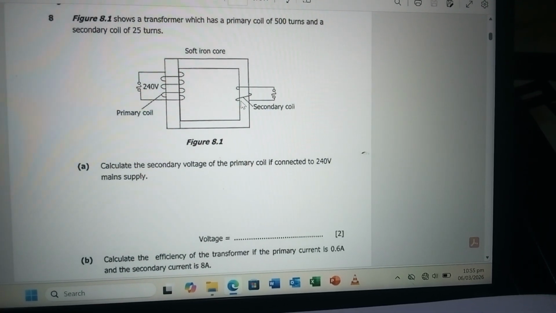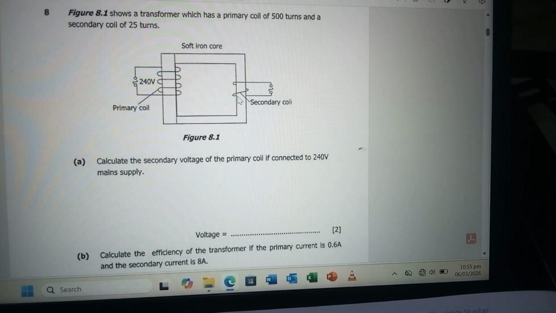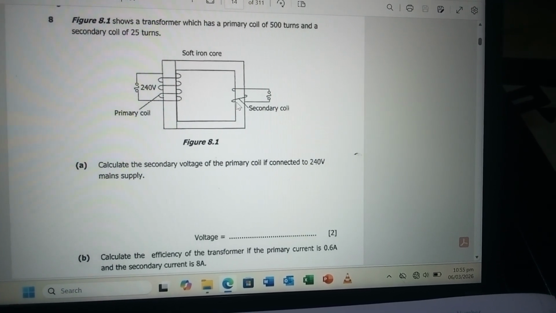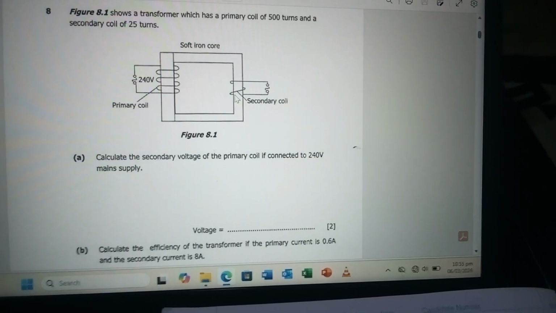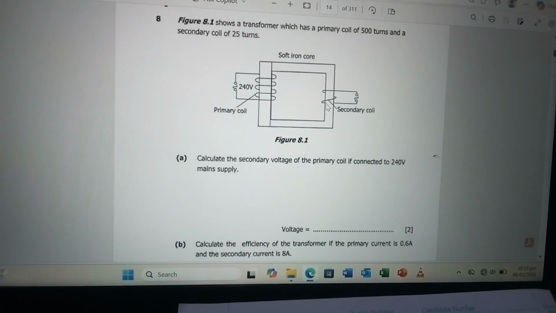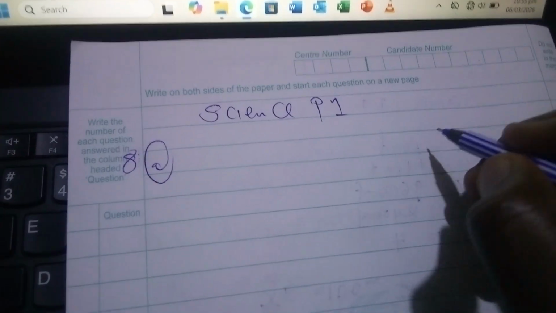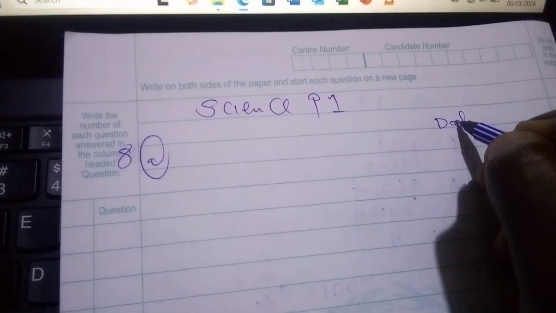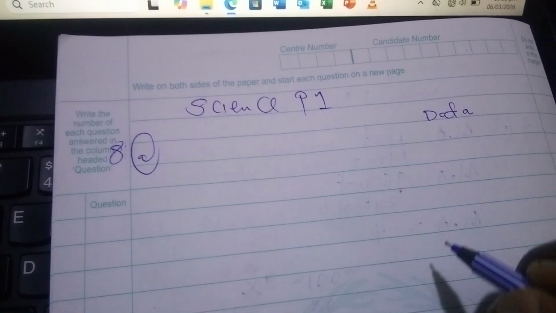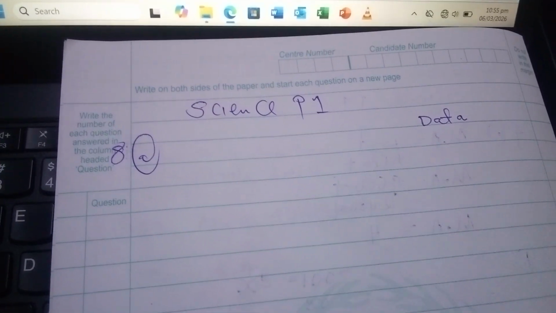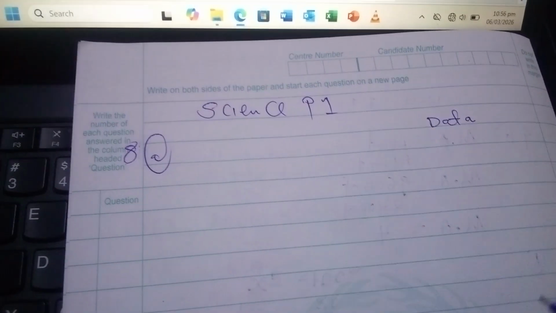And then they are saying calculate the secondary voltage of the primary coil if connected to a 240 volt mains supply. So the first thing that you have to do is write the data. The purpose of writing the data is to help you determine the formula that you are going to use.